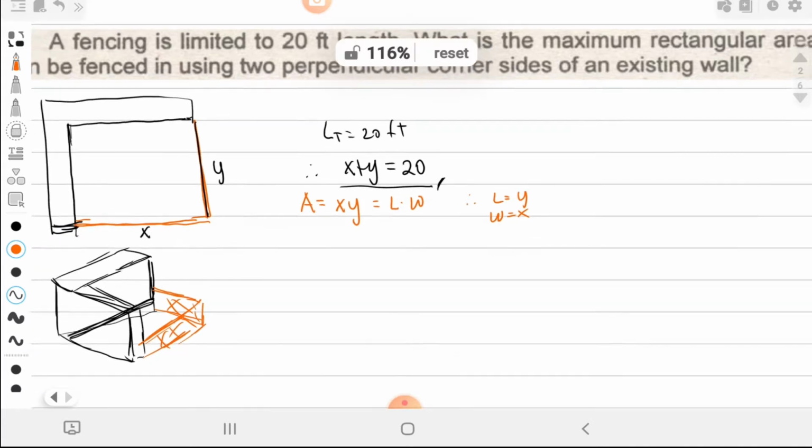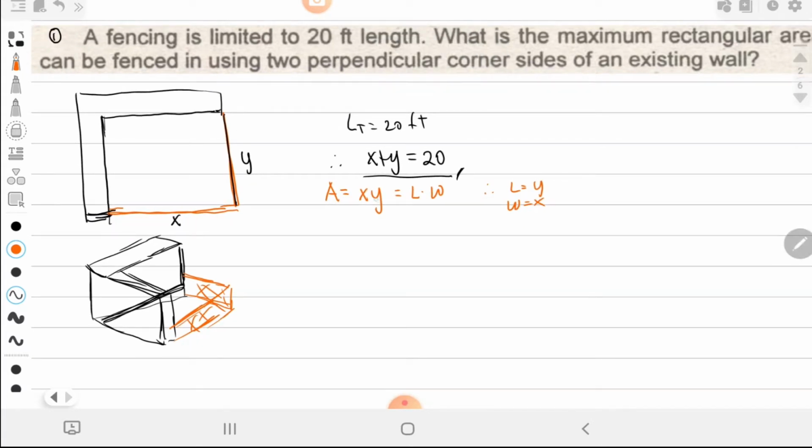So what we can do here is to let our variable y be represented in terms of x, so that if we get the maximum value of A with respect to x, we will not have a y in our equation.